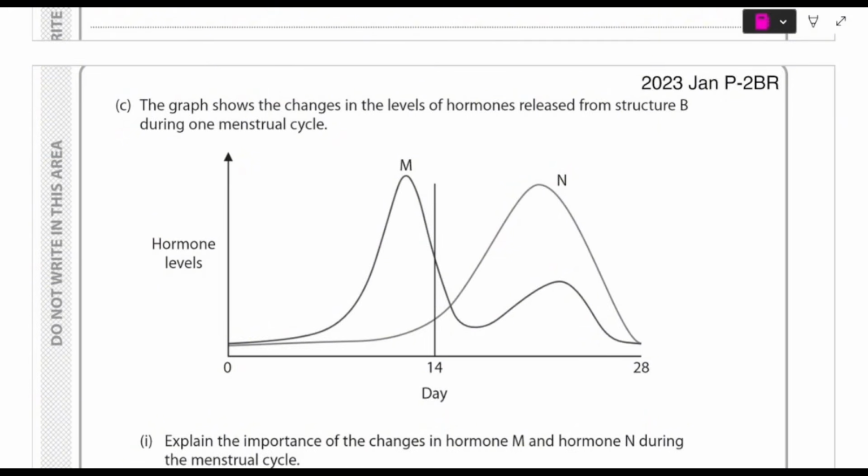So the answer is this: estrogen increases and peaks before ovulation, repairs the uterus lining making it ready for implantation, and also stimulates the release of LH. And progesterone increases after ovulation because it maintains the uterus lining and inhibits the release of FSH and LH.